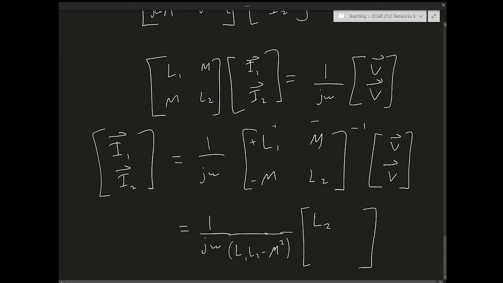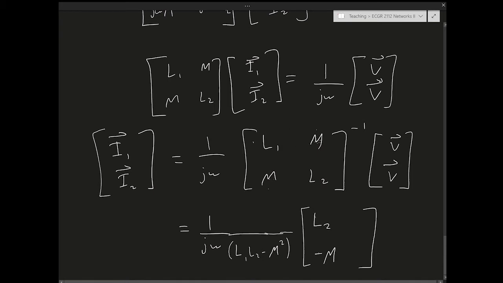I need to find the cofactor of M, and because this is a transpose, the cofactor of M will go here. So the cofactor of M is this: I take this row and column out, and this is the cofactor of M. So this is going to be M, but because this has a minus sign, this becomes minus M.